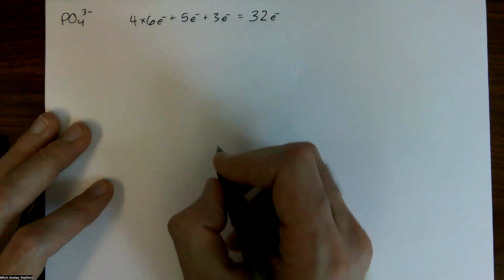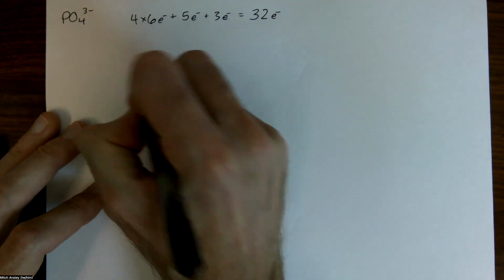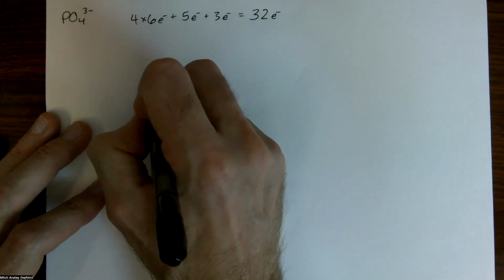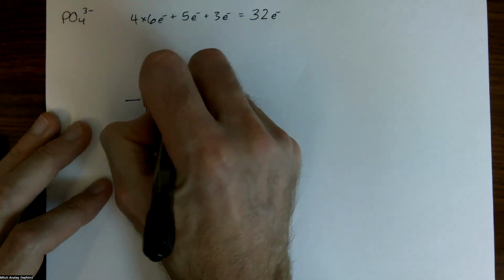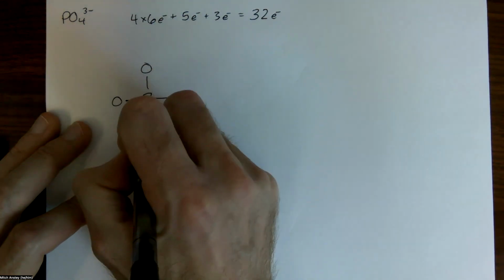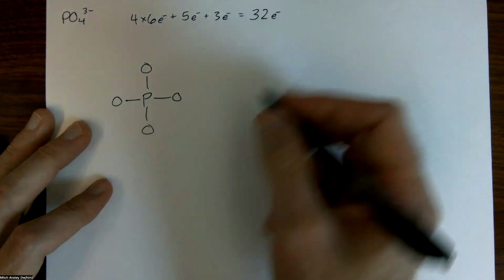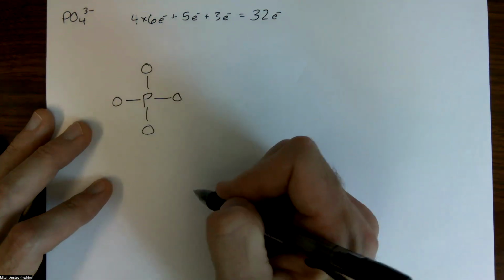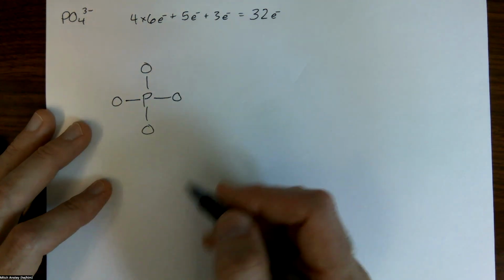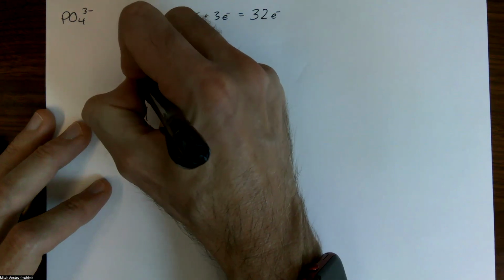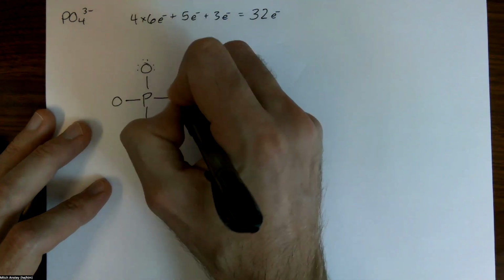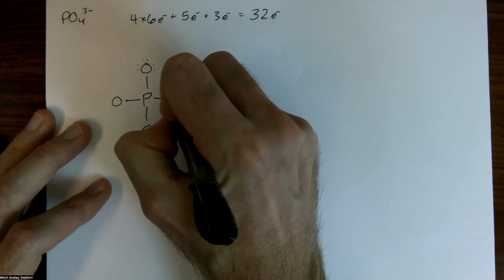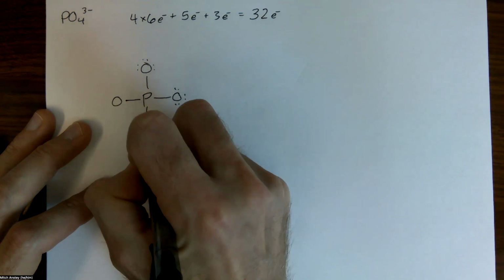I'm going to put phosphorus at the center because it is the least electronegative atom. 1, 2, 3, 4 oxygens around the periphery. I only have 8 electrons in here. I need 24 more. It turns out it is exactly the right amount to give every oxygen 3 lone pairs.